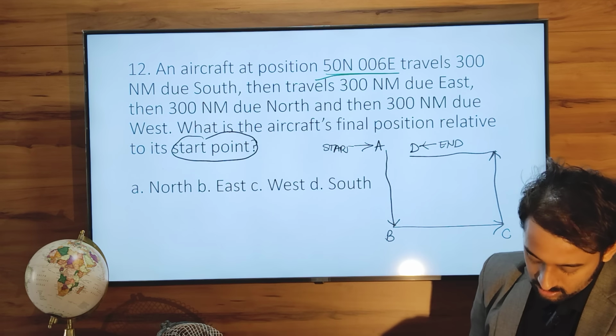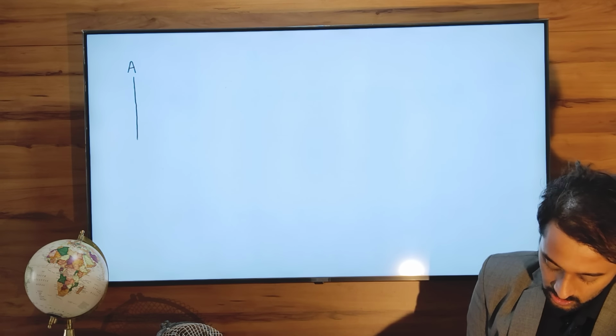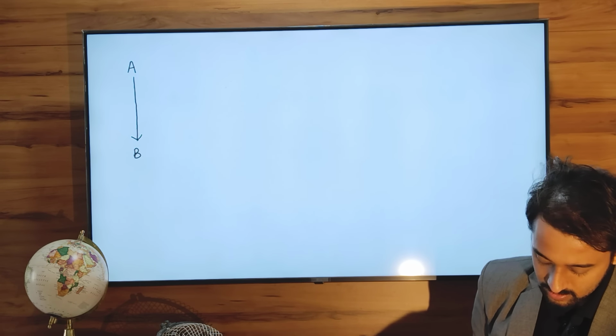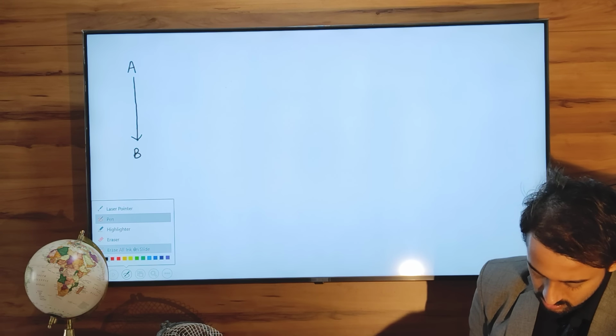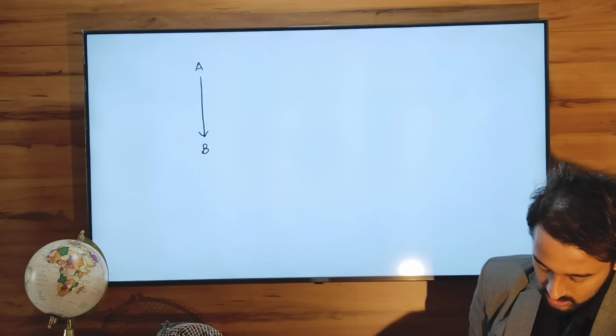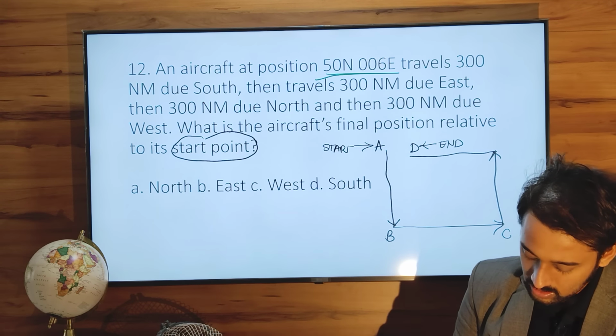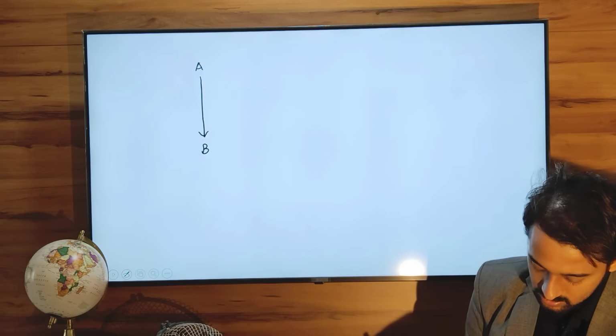So let's draw systematically. This is location A. First we go south to B, and that distance is 300 miles.